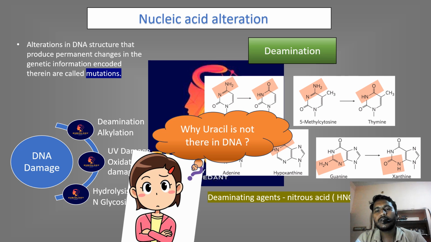So nature decided to use thymine instead of uracil. If cytosine is converted into uracil by deamination, that will go for the repair mechanism and be easily eliminated, and it cannot bind with adenine in the case of DNA. Got it? This is the important part.